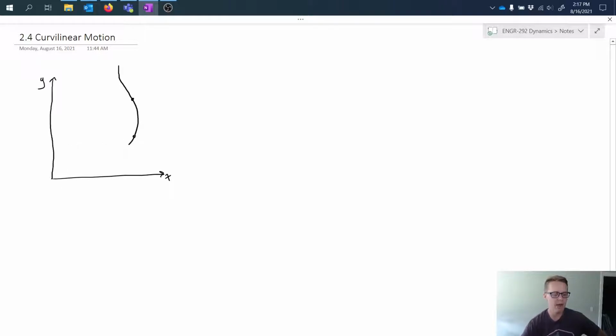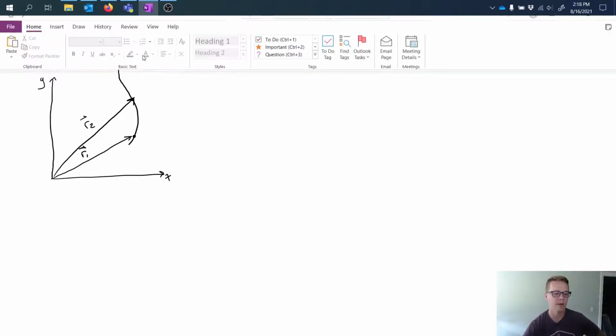To define what's happening with this particle, there's a vector which I'll call R1, which is a position vector defining the location of that particle at some point in time. And then there's another vector, R2, which defines the location of this particle at some secondary point in time.